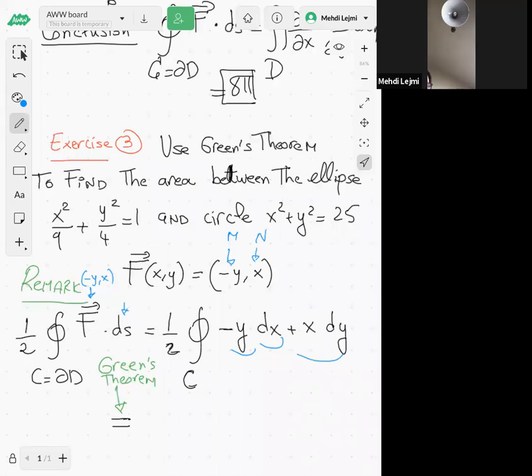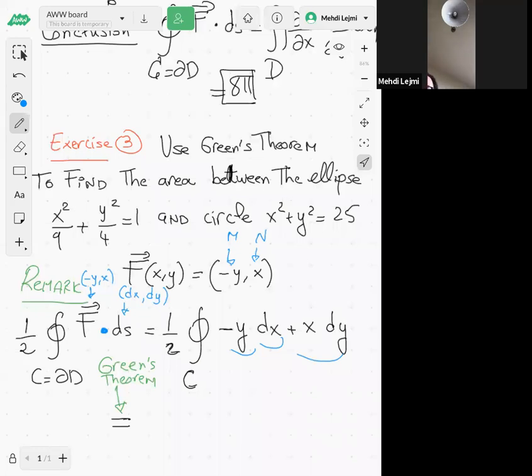So ds is supposed to be (dx, dy). It's a vector. So ds here is not the length element of the curve, it's the infinitesimal displacement of the curve. So it's given by (dx, dy). So when you do the scalar product, it's minus y times dx plus x times dy.